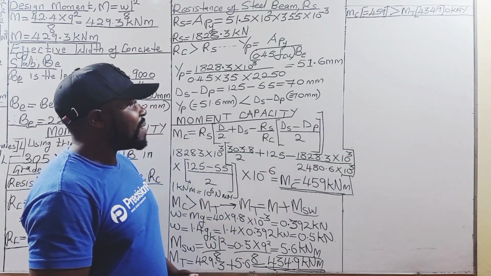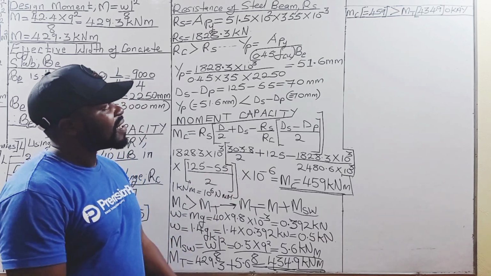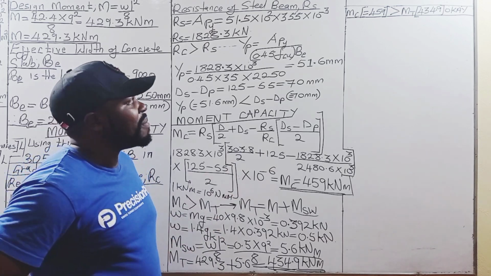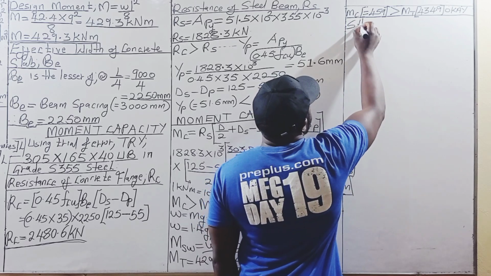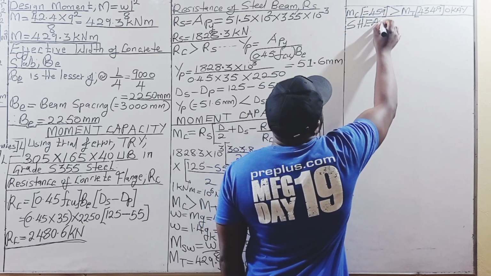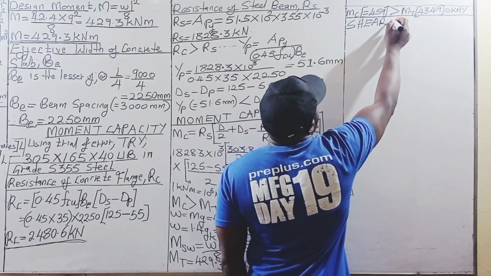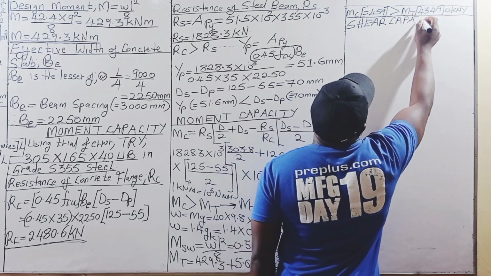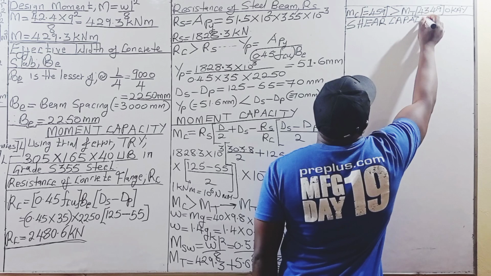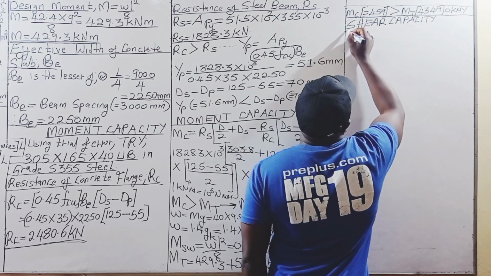Then, after determining the value of the moment capacity and comparing with the total moment, we are now going to check the shear capacity of the composite section. So we go to shear capacity.